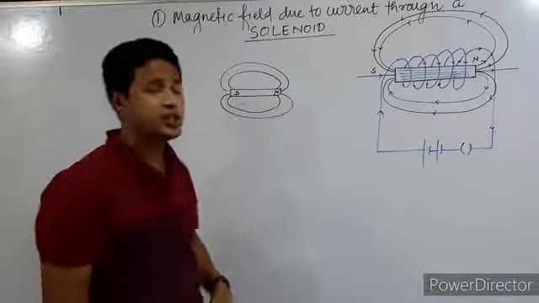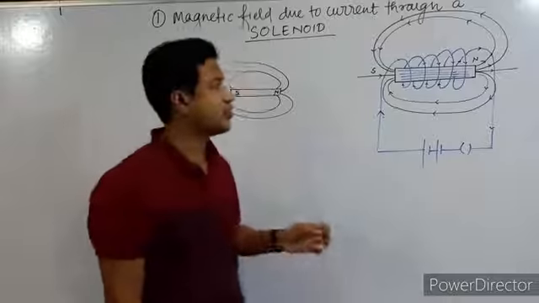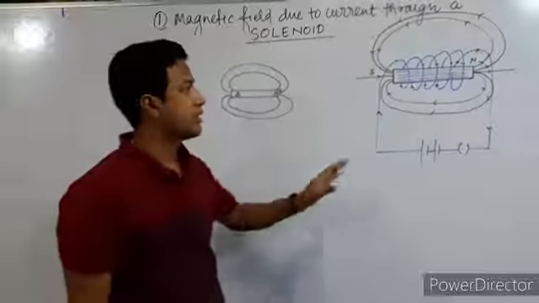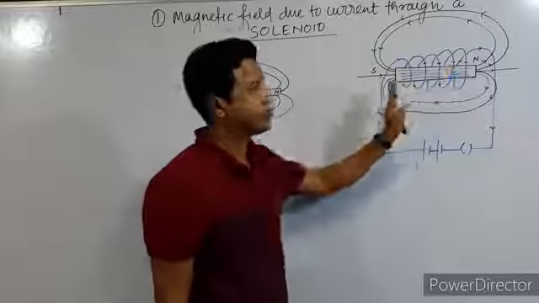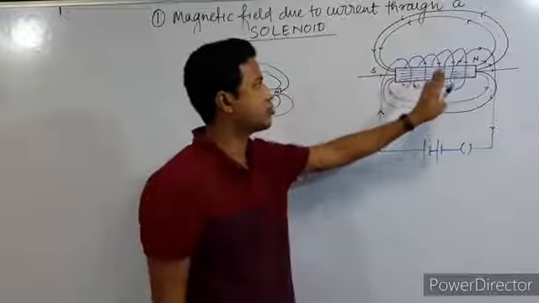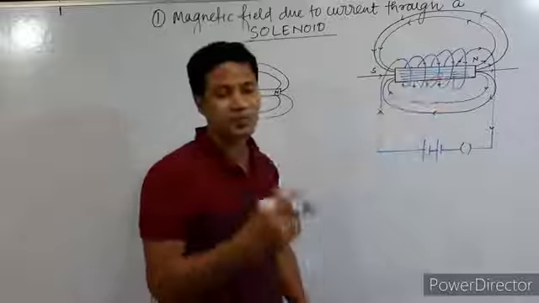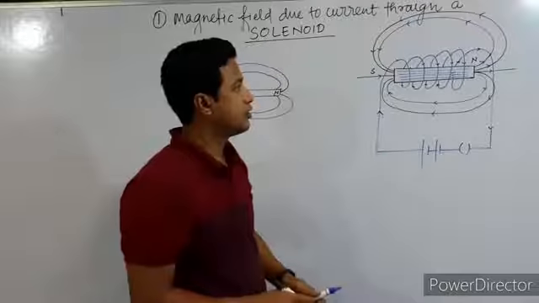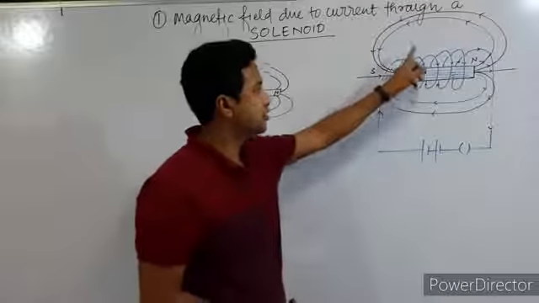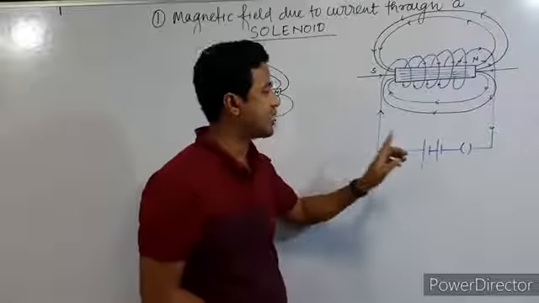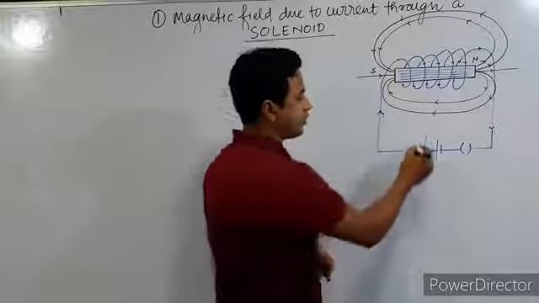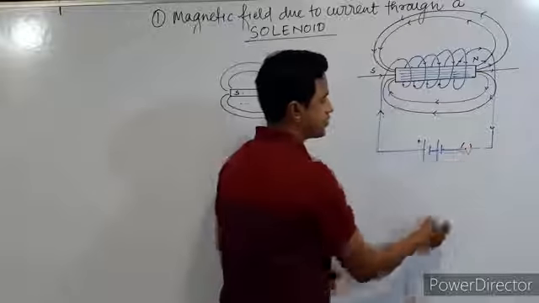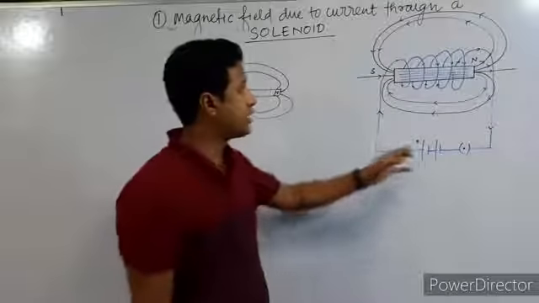What is the solenoid? A solenoid consists of circular loops, bound close to each other. This is a simple diagram, where the loops are close, not so close, but the concept is like that, a spring-like structure. This spring is connected with a battery. When I switch on the key, the current flows through it.